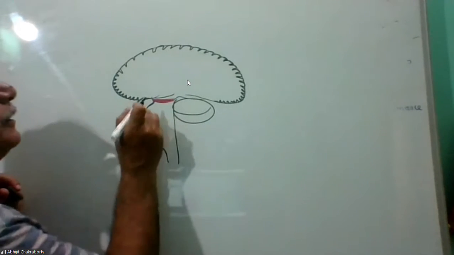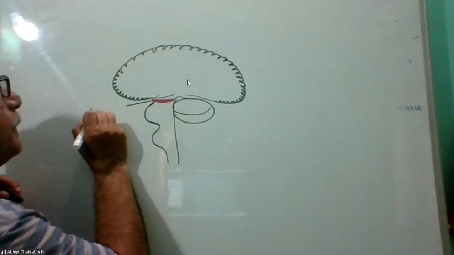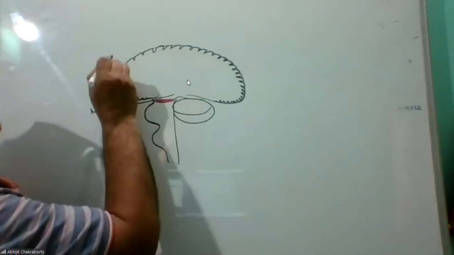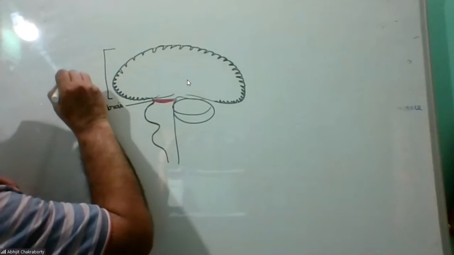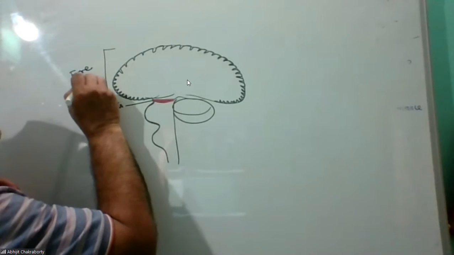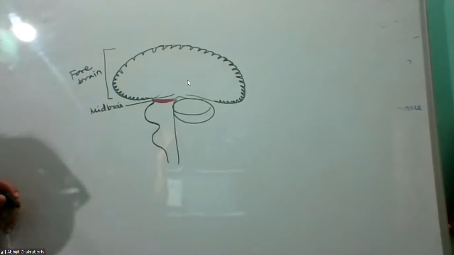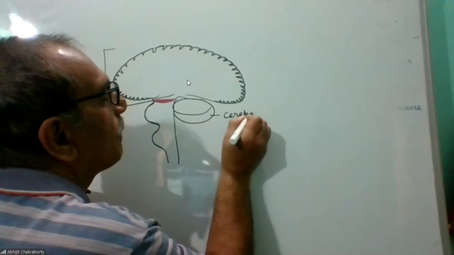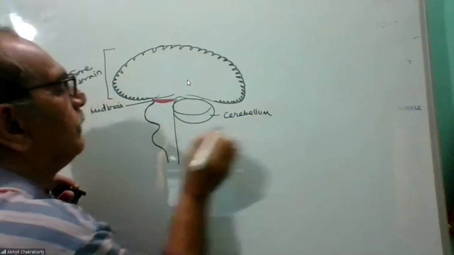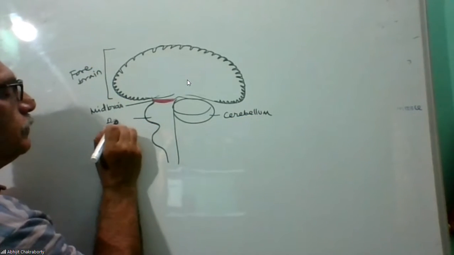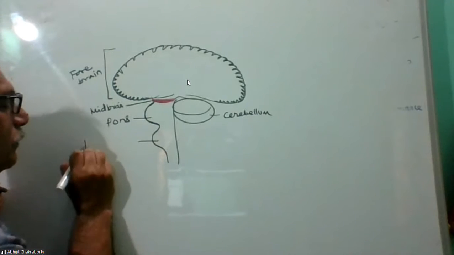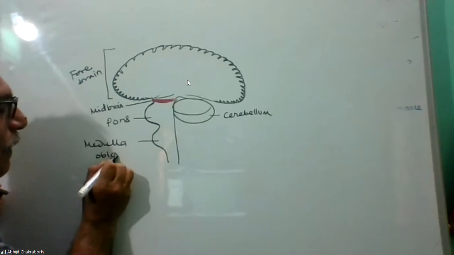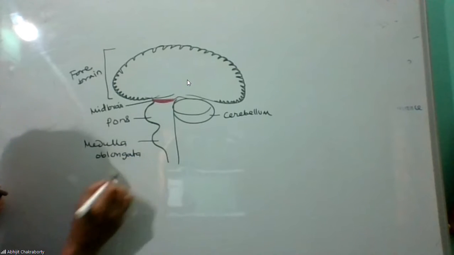This part is the midbrain. The forebrain. Cerebellum. Pons. Medulla oblongata.